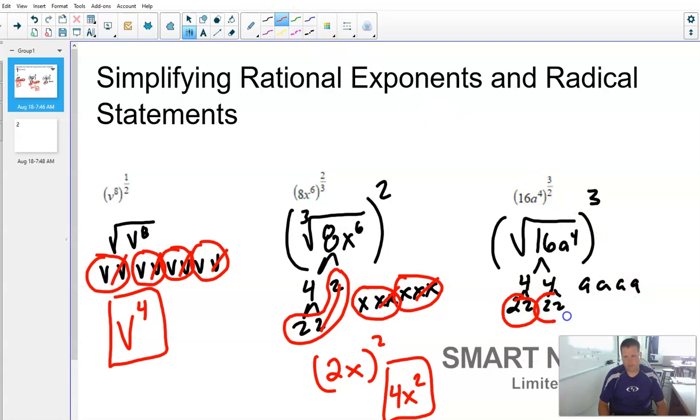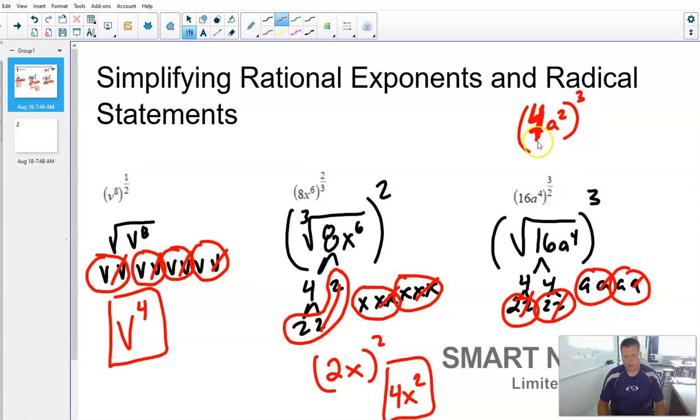So we're going to pair these. And everything pairs up, which is nice. Cancels these out, and I'm left with 4a to the 2nd, and then that's all to the 3rd, guys. Or sorry, this should be 4. My bad, not 2. 4a to the 2nd to the 3rd, because I've got these 2 2's.